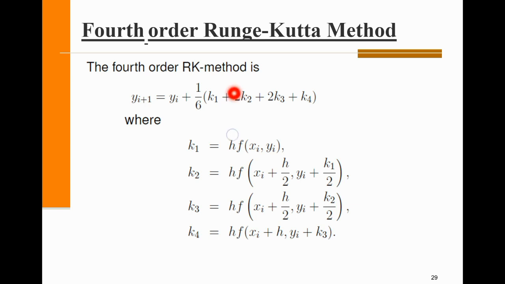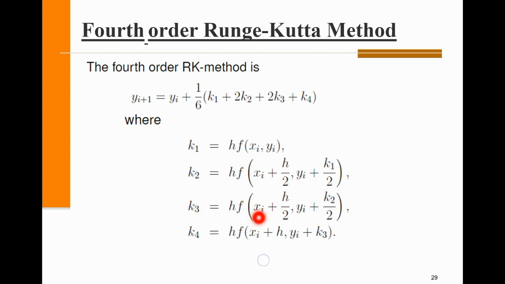Now, what is the technique of this method? We calculate the next value y i plus 1 with the help of y i, and these are the four constants which we have to evaluate one by one. The value of k1 is h f of x i, y i. The value of k2 is h f of x i plus h by 2 and y i plus k1 by 2.